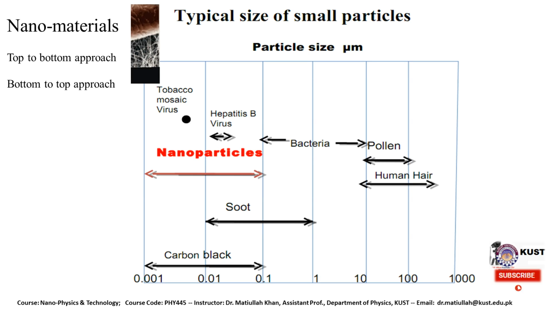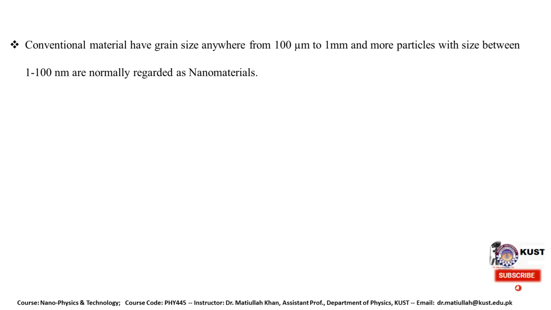And similarly, we have hepatitis B virus, which comes in around 0.01 to 0.02 micrometers, and carbon black is in the range of 0.001 to 0.1 micrometer size. So conventionally, materials have grain sizes anywhere from 100 micrometers to 1 millimeter, and particles with sizes between 1 and 100 nanometers are normally regarded as nanomaterials.